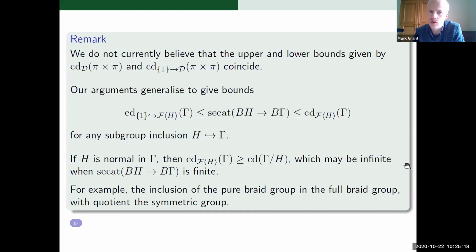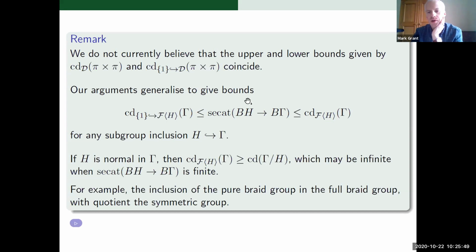I put we here, but I currently don't believe that they should be the same, for the following reasons. Here, CD, this notation means the largest degree in which there's a class from this family which restricts non-trivially to this family. I didn't introduce this notation, but that's what we had for the lower bound.